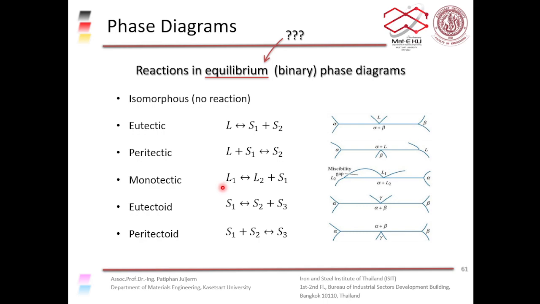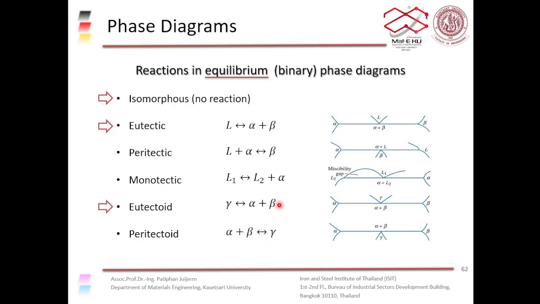Monotectic is when you have liquid number one turning into liquid number two and solid number one. Eutectoid is solid number one turning into solid number two and solid number three. And peritectoid is when you have solid number one reacting with solid number two to give you solid number three. Right?